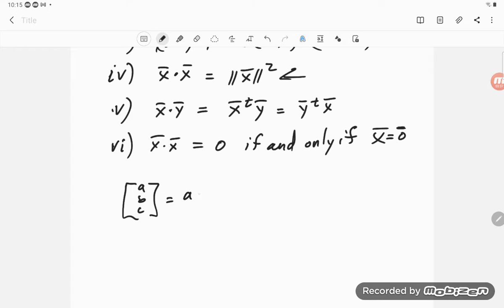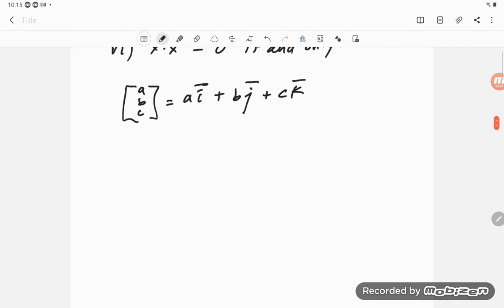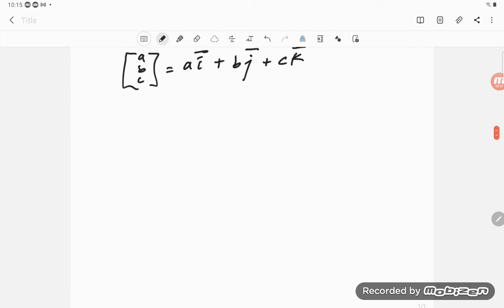We can write that as the linear combination of our standard unit vectors, c times k, like that. And let's see, they talk a little bit about unit vectors and so forth, so we'll toss those in.